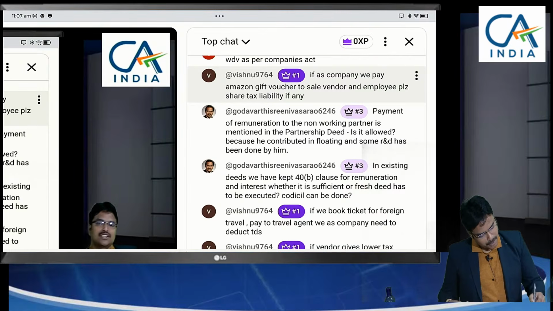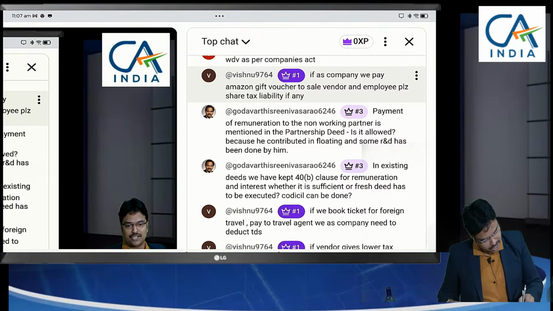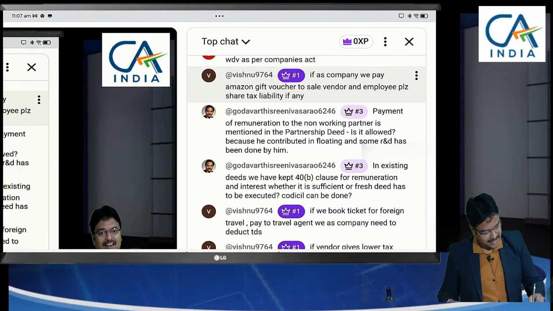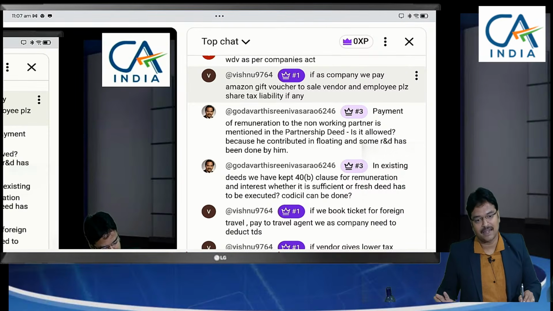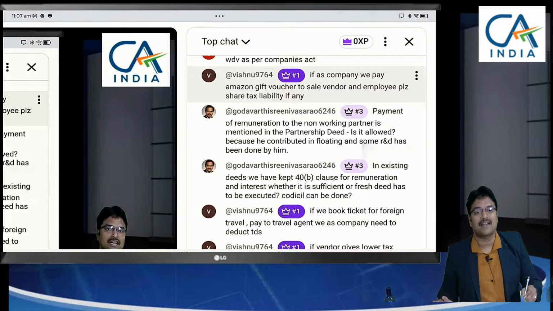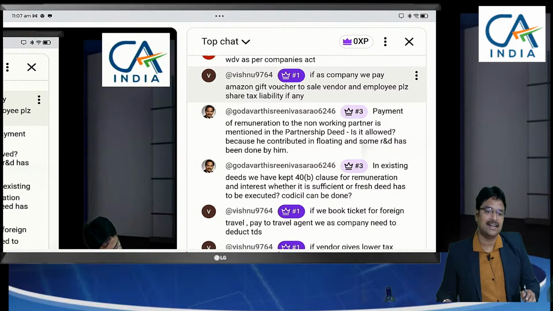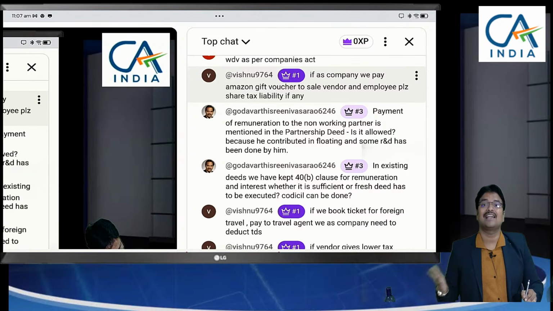Next, payment of remuneration to a non-working partner is mentioned in the partnership deed. Is it allowed? Answer, no. First of all, he has to be a working partner, not only a managing partner. For a non-working partner, even if the deed permits it, the Act is not permitting.